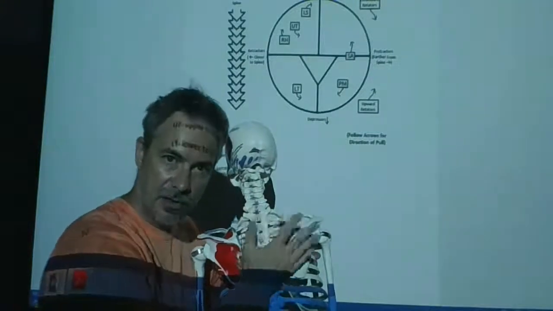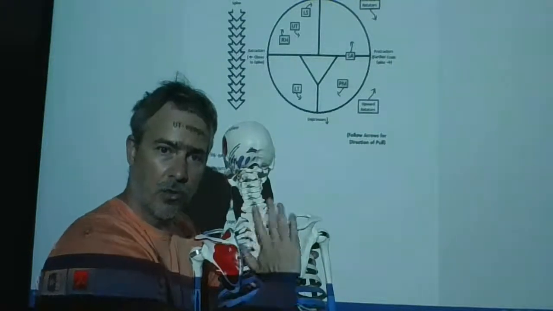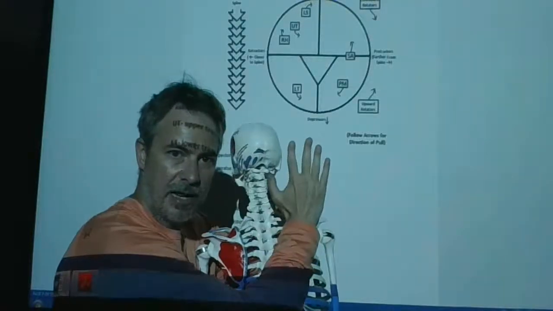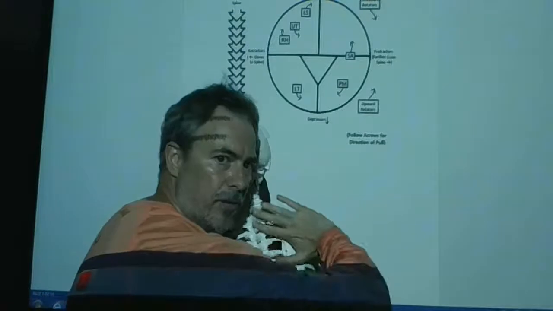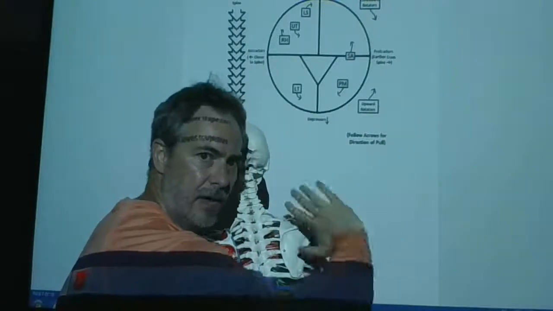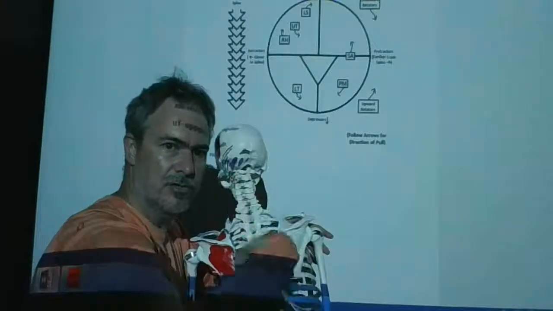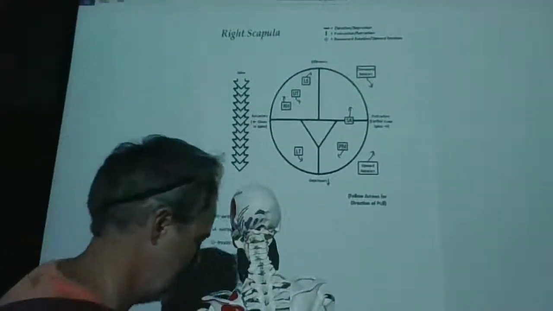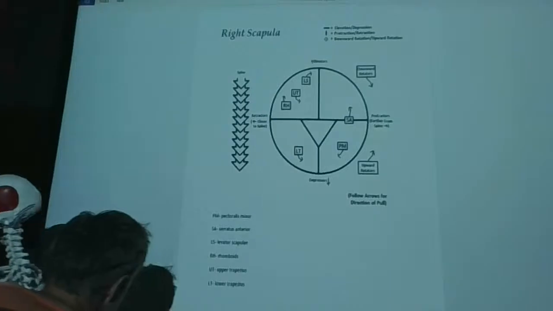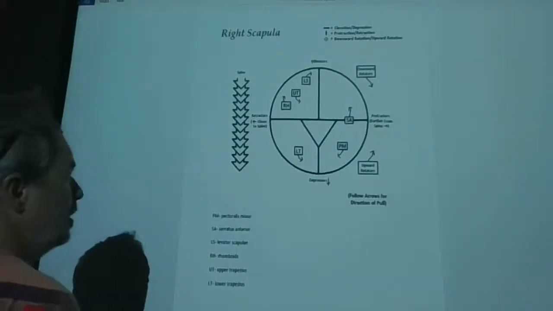And then you get into the rotation. So rotation this way would actually be about an AP axis, right? So upward rotators are going to try to spin this way, and downward rotators are going to try to spin that way. Okay.